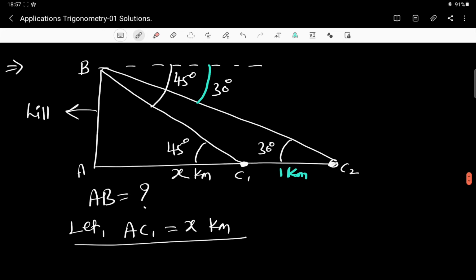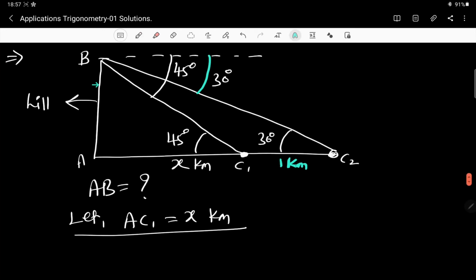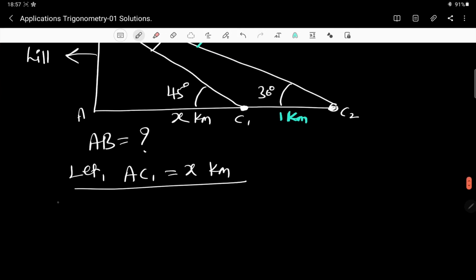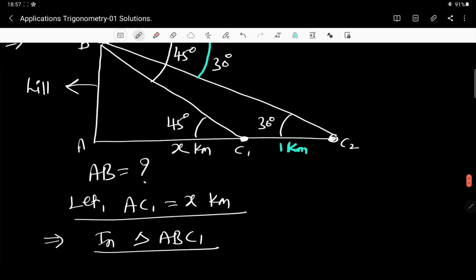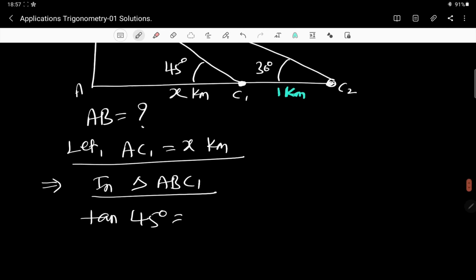Now, can you see this triangle? Just observe this triangle ABC1. Look at this ABC1. In triangle ABC1, what will happen? If you apply tan 45 degree, you can have a close look at this.